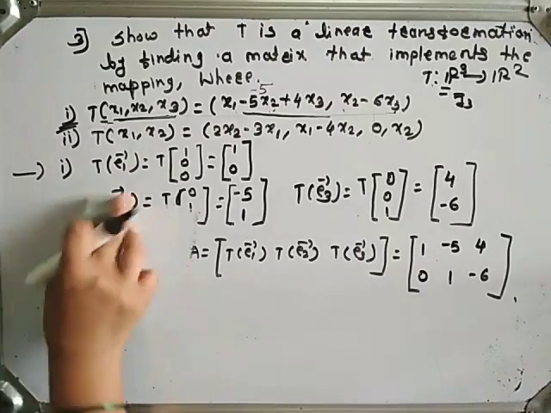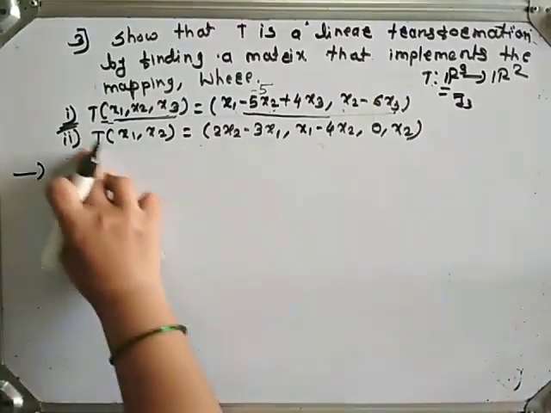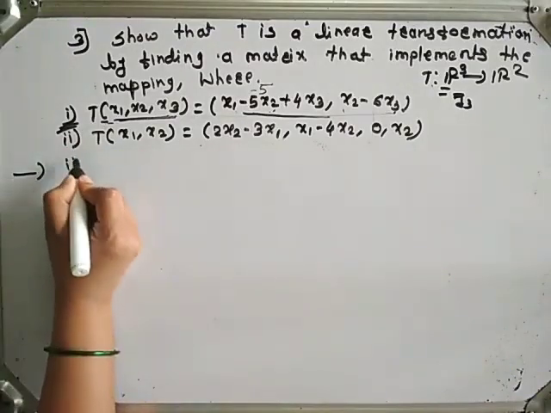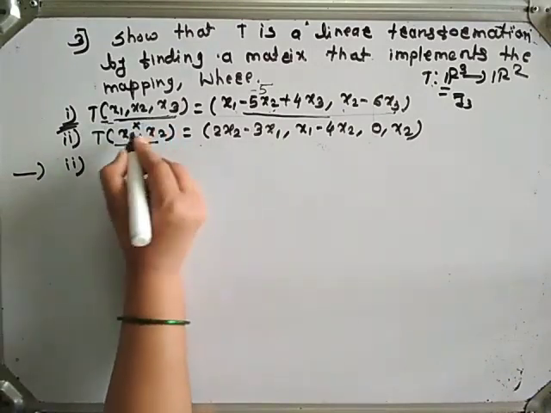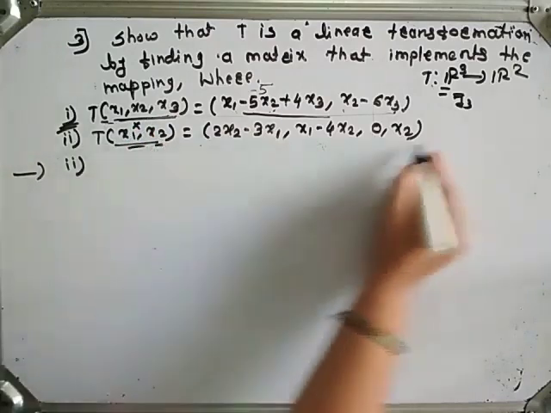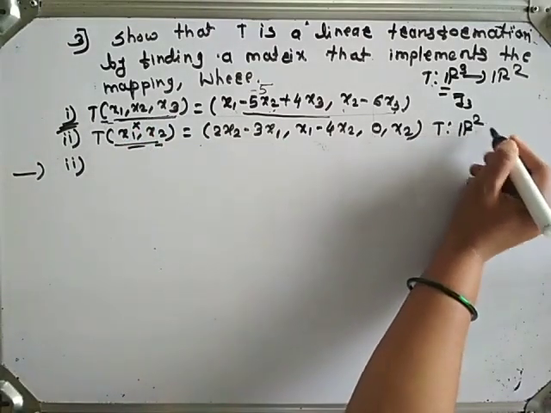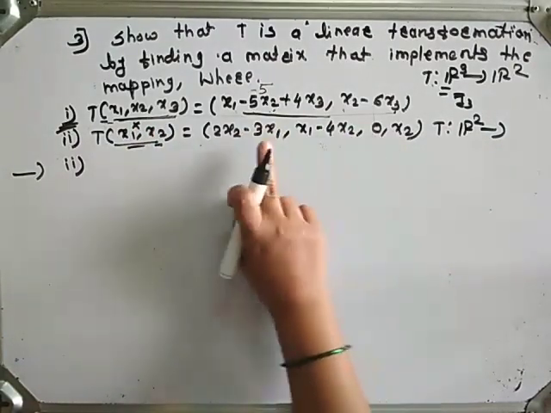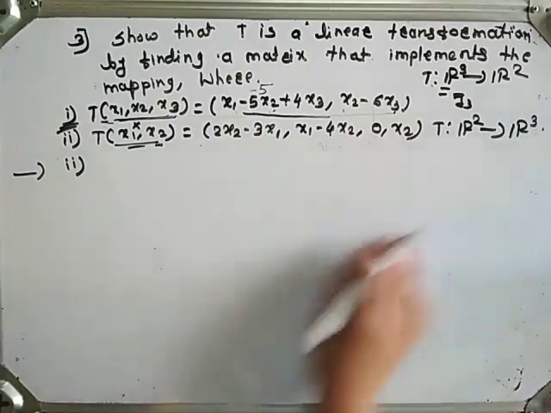Now find standard matrix for next linear transformation. See here, coordinate of this vector is 2. So this is a linear transformation from R2 to R3, since here coordinate of this vector is 1 2 3. So this is R3.